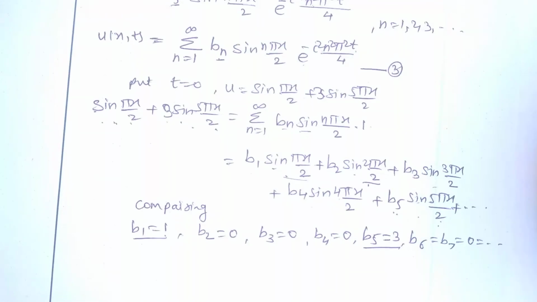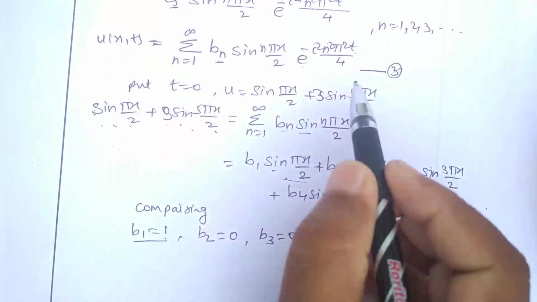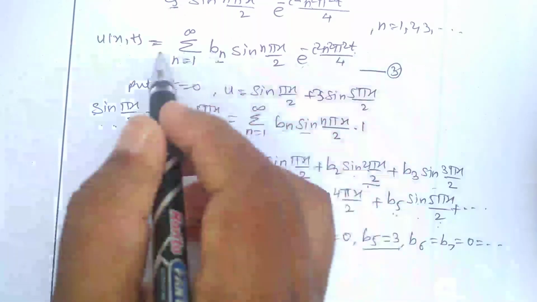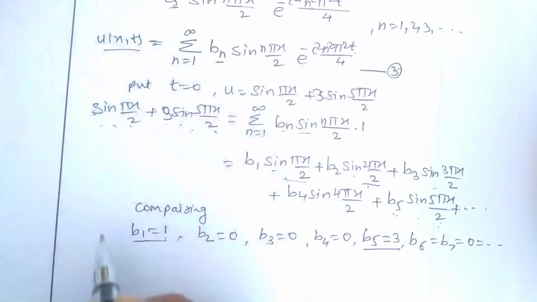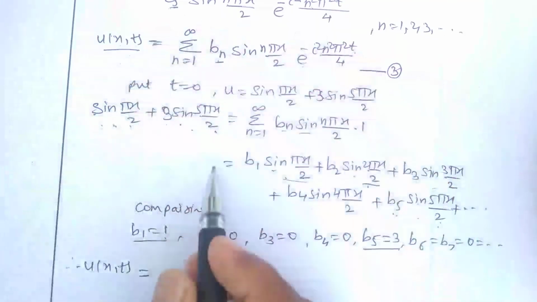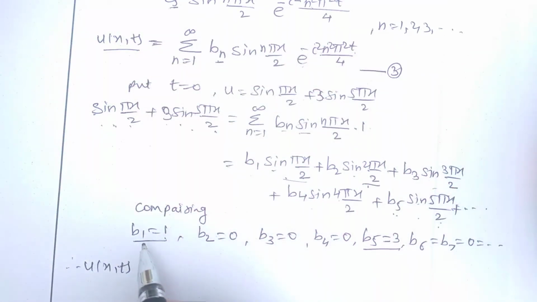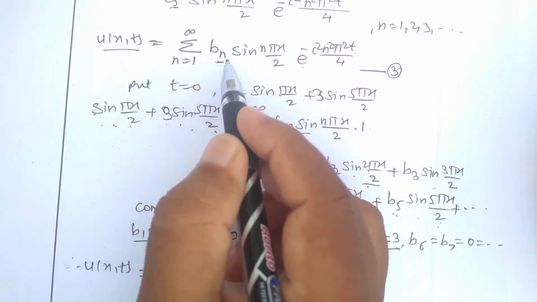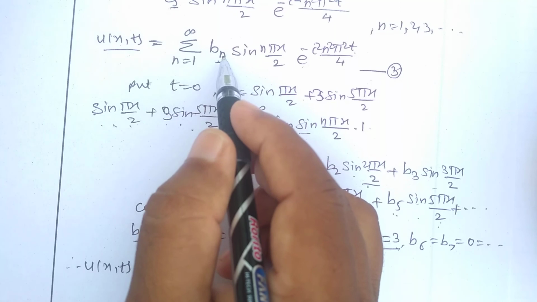So put all these values of b1 and b5 in equation number 3. So how do we put the values of b1 and b5 in equation number 3? You will get u of x comma t equals, now there is no need to write the summation because all remaining values are 0, only b1 is non-zero and b5 is non-zero. You will get b1 when you put n equals 1.